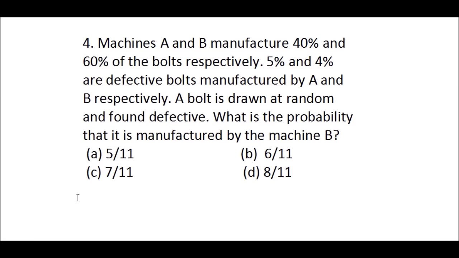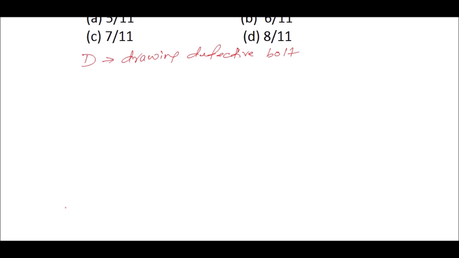Now, we consider that D is the event of drawing a defective bolt, and A1 and B1 are the two events of manufacturing bolts by A and B respectively.